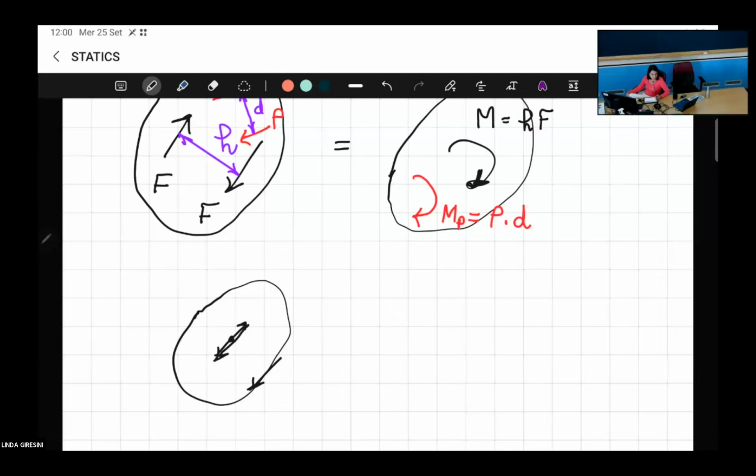Opposite side of the center. If they are on the same side of the center? Yes, they create a moment, of course. For example, if you apply one force here, the center is this.